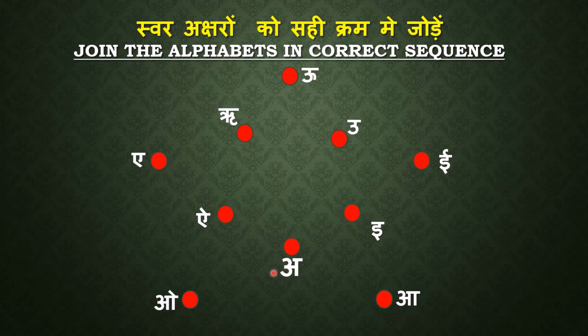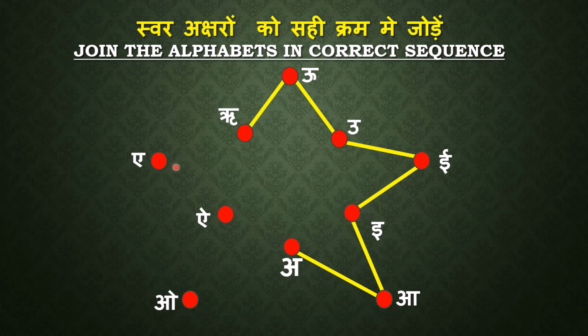First letter A. The next letter is, okay, it is A. Similarly, A to A, then E, then which side? Yes, this side. E to E. Then which side? Yes, to O. Then oo. Then after O, it is Re.